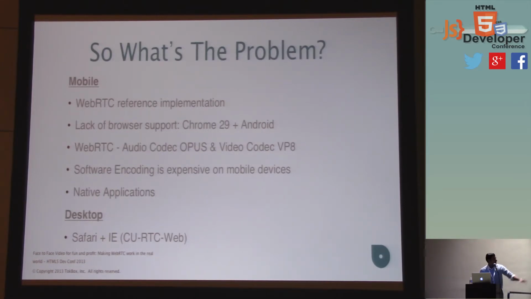The other problem, like I said, is Safari and IE. Full disclosure, I used to work at Microsoft, and I haven't booted a Windows machine in 5 years, but I have to say they did provide an alternate proposal which made a whole lot of sense. Their alternate proposal was something called the Object API, where they said, as a JavaScript developer, as an HTML5 developer, I shouldn't have to worry about SDPs and understand this protocol.